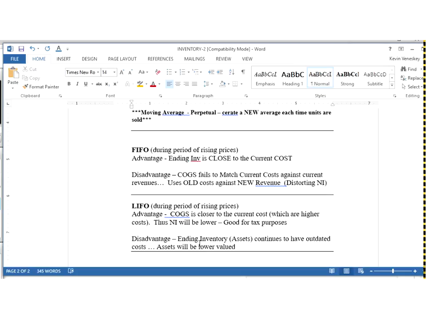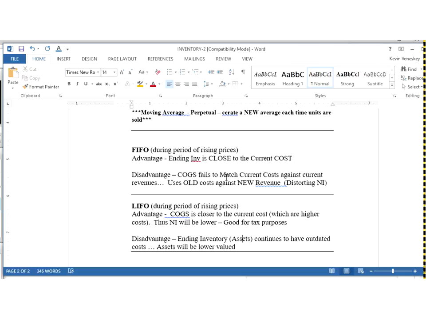So you can see the LIFO disadvantage is the ending inventory, which makes sense. So whatever the advantage for FIFO is will be the disadvantage for LIFO. So your ending inventory or your assets will continue to have those outdated costs. So therefore your assets will be lower than they could have been.